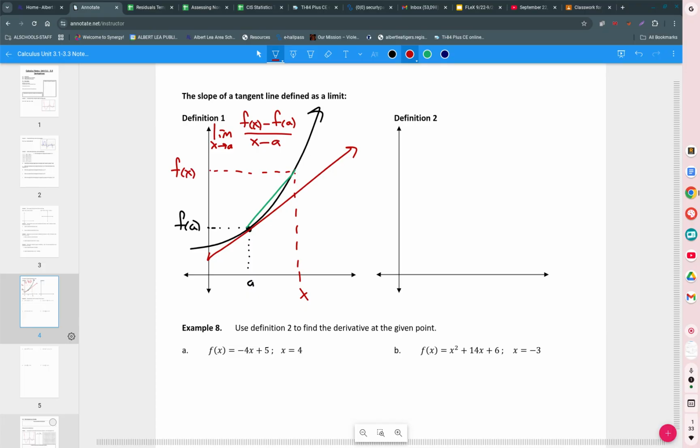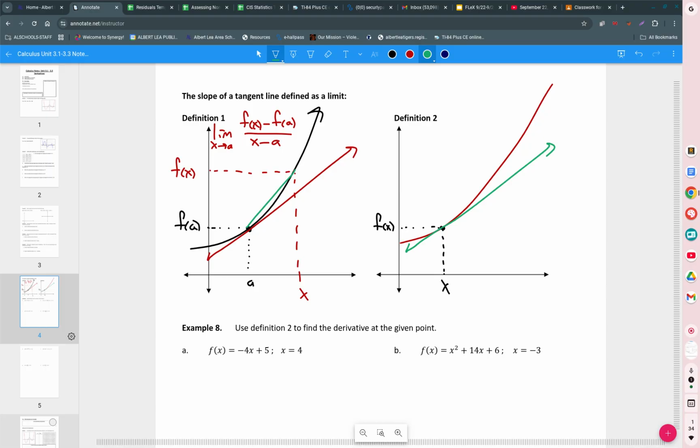What we would like to do in this situation is use this definition, definition number 2. I have a function, I have a point, we're going to call that X. Therefore, this is F of X. We would like to find the slope of the line tangent. Difficult to do because there is just one point.